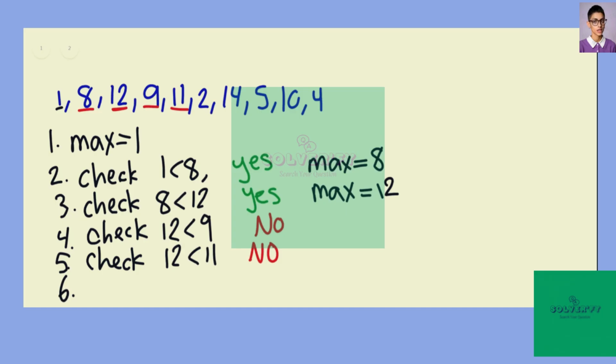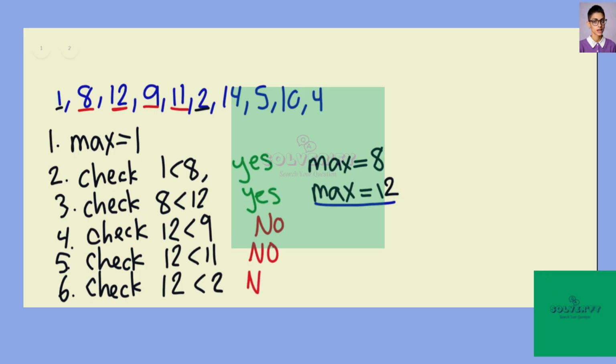So we'll go to step 6 here, and we will check for our current max, which is still 12. You can kind of see that in this rightmost column here. Current max 12 is less than the next element in the list, which is 2.